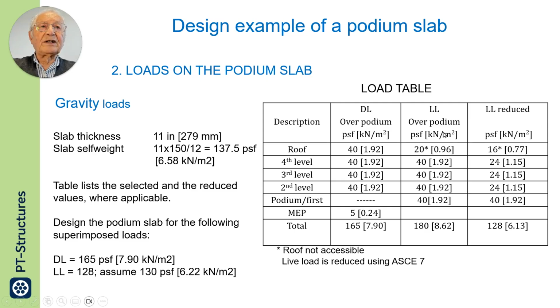The live load is listed here, and the live load is reduced. The code permits reduction of live load, ASCE 7 reduction of live load, if the live load is spread over a minimum area. So in summary, I will design the slab for dead load this much, and the live load 130 pounds per square foot.